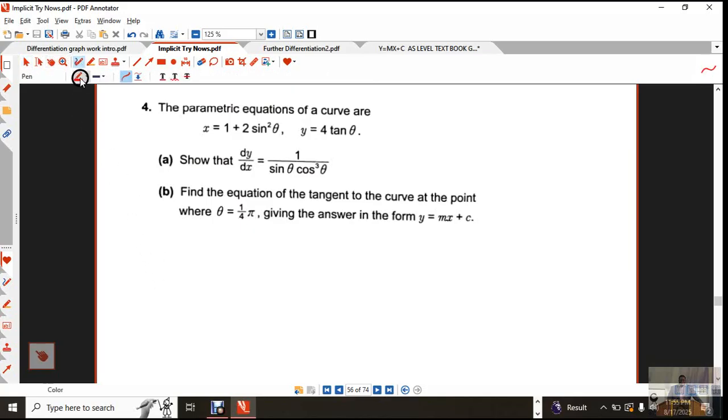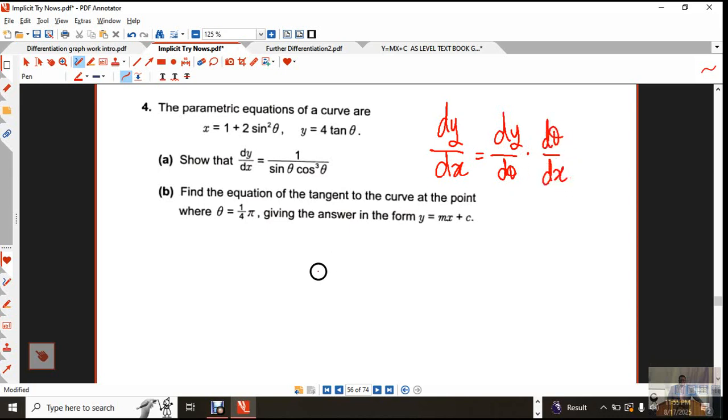Right, so we're going to find dy/dx. We're going to use the chain rule, where the chain rule says that dy/dx is going to be dy/d theta times d theta/dx. So if x is equal to 1 plus 2 sine squared theta, then we have dx/d theta.